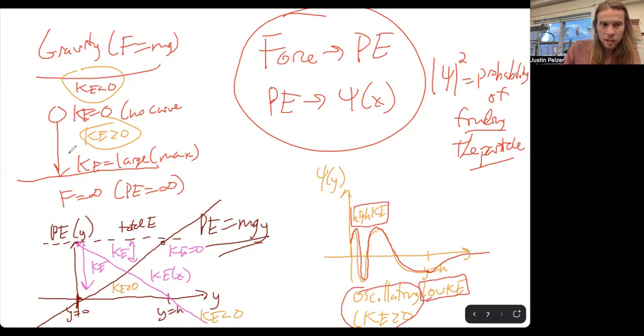Here I had high kinetic energy, and here kinetic energy is negative, which means it decays or exponentially grows. And I think it makes more sense that the probability would decay up here, because mathematically it could be either. You're either going to get it to exponentially grow or decay, but if it grows, then the probability would grow. And clearly I have low probability up here. So I have to have a low psi squared of x up here, right? Which means it's going to decay.